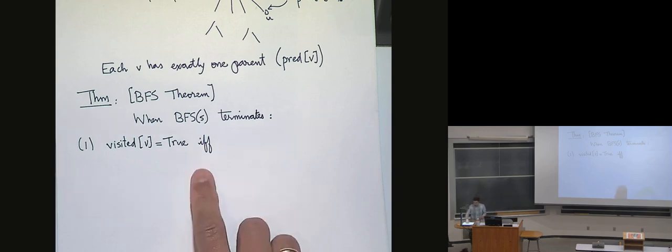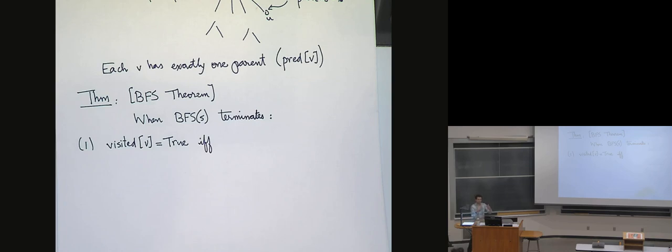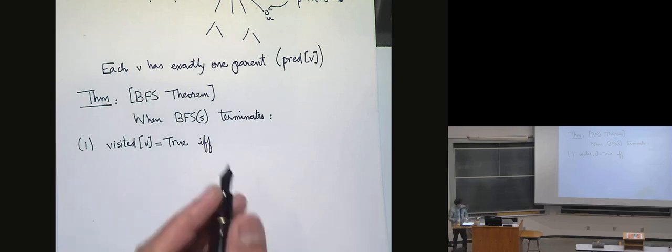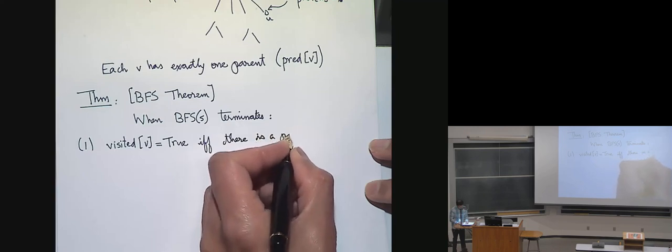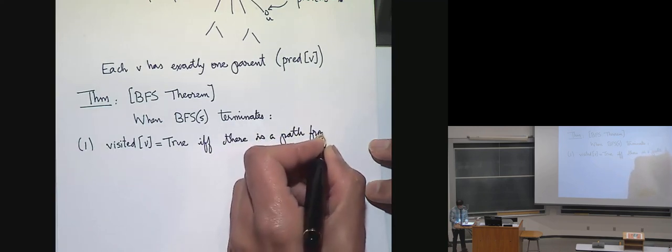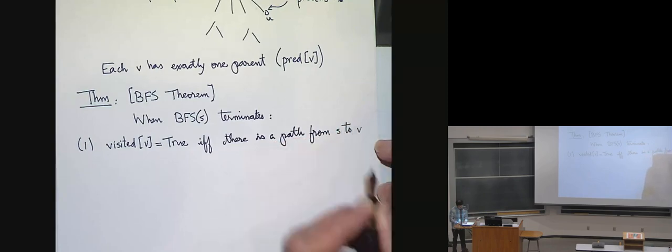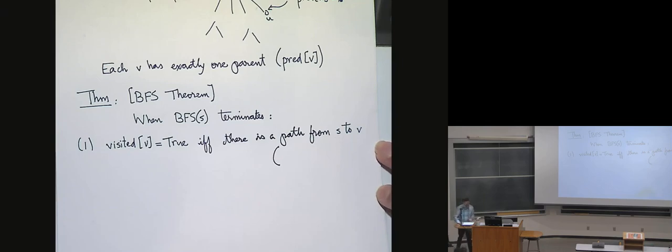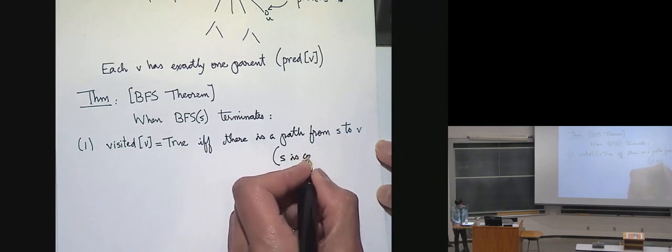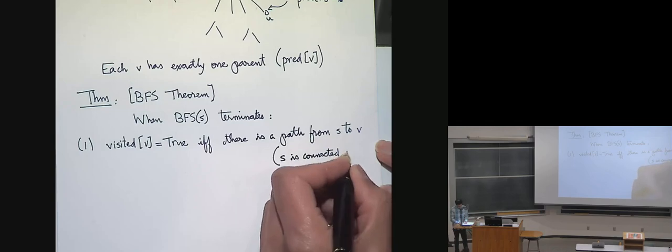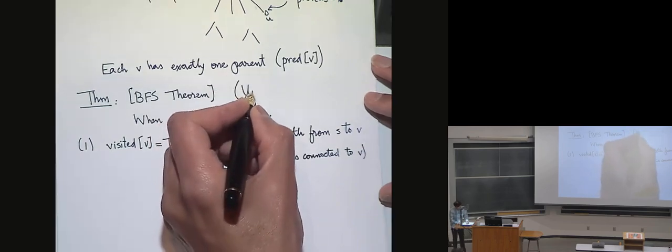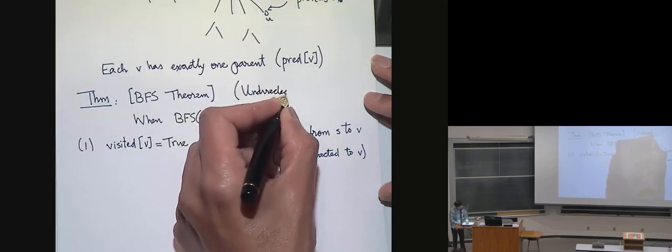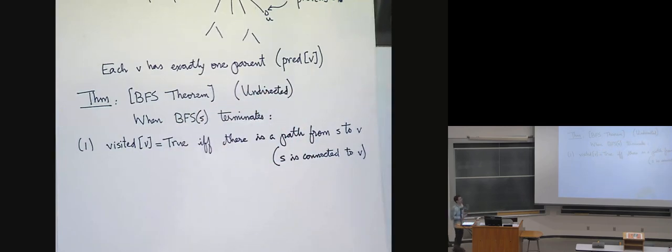Does everyone understand what if and only if means? It means that they imply each other. So if and only if there is a path from S to V, this is also equivalently saying that S is connected to V. And I'll say this again here: the graph is undirected.